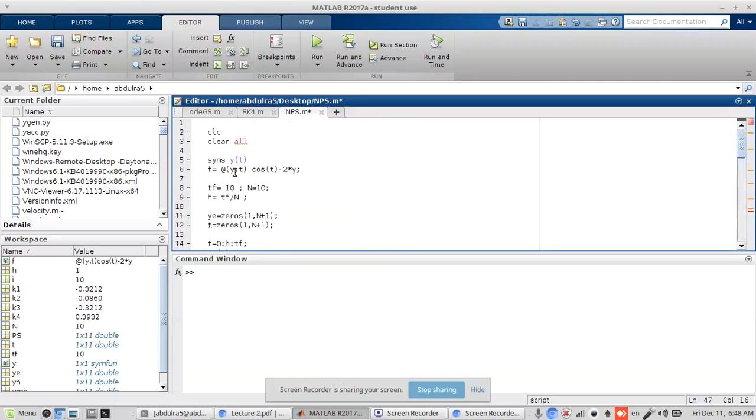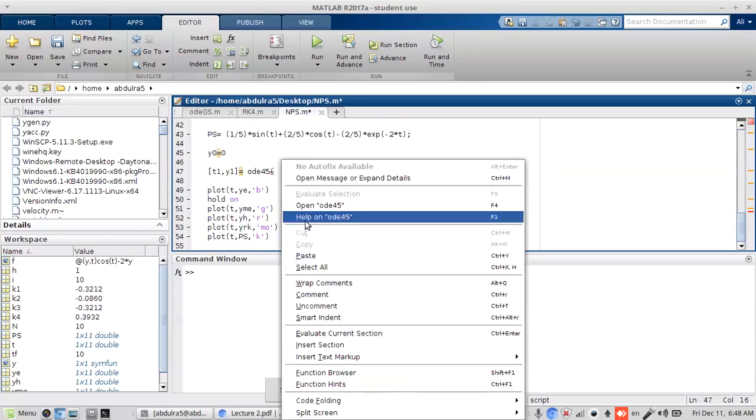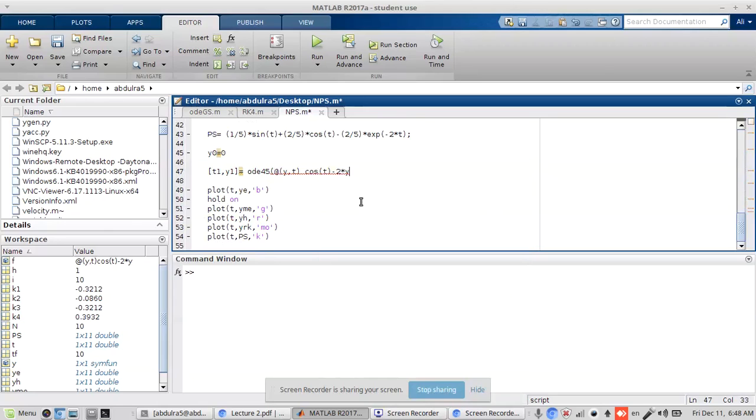And here I need this function. I'm going to write it here and make this 1. Let's change the order.